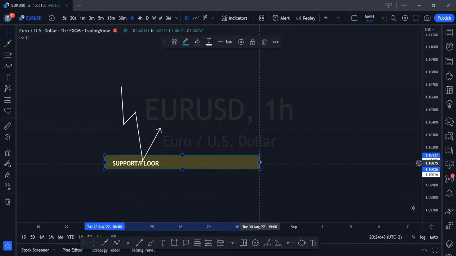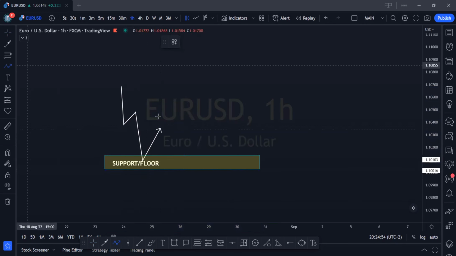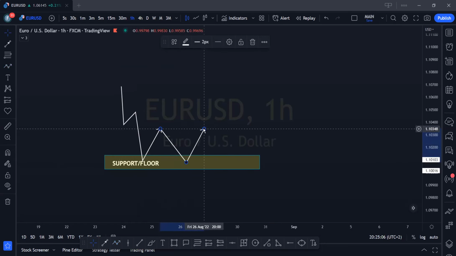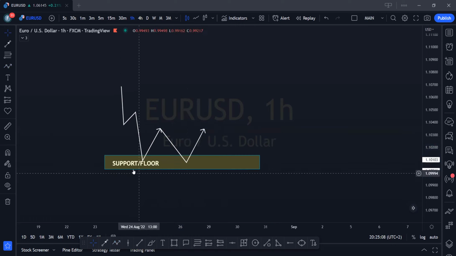So because in the past, this zone acted as a support, in the future now, if price should come back into this zone, we are most likely also going to anticipate price reversing, like so. So we are using historical data to predict what might happen in the future.